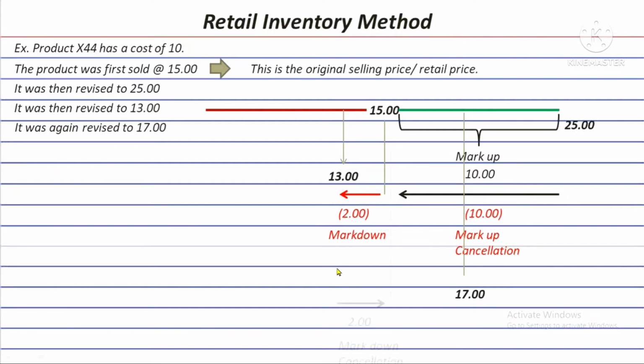So, in the increase, 2 will be considered as markdown cancellation, and only 2 will be considered as markup. Okay? So, that's the concept of markup, markup cancellation, markdown, and markdown cancellation. But before we go back to the tigas at retail computation, please remember this.